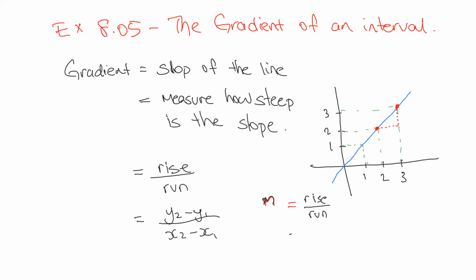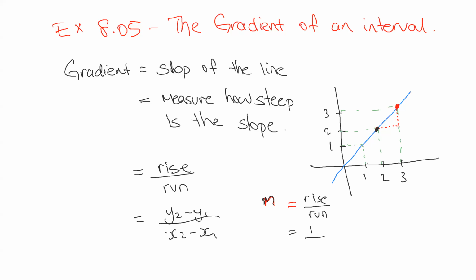If you look at these 2 points, I'm going to start from this black point and go to the red point there. So what's our rise? How many units has the graph gone up by? We're at 2. It's gone up by how many units? 1. So that's going to be 1 over run.